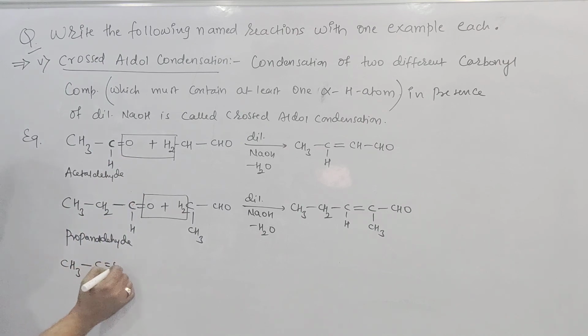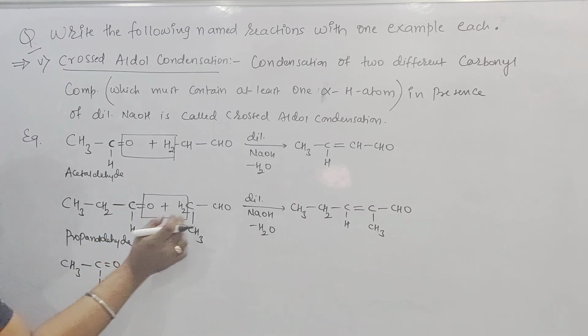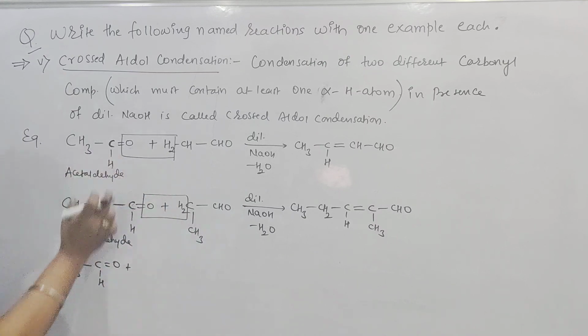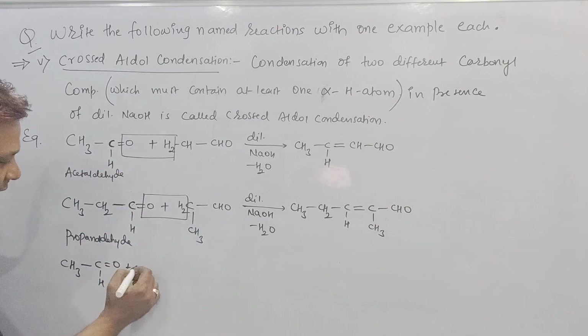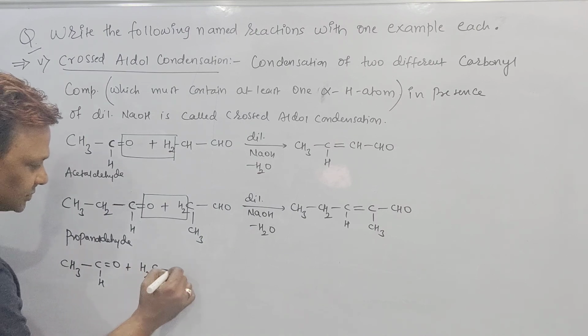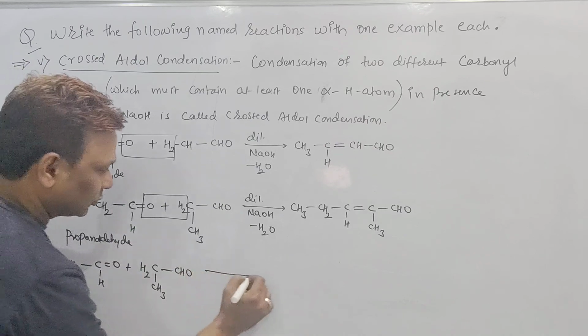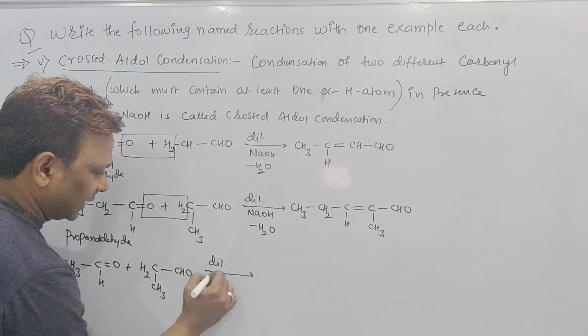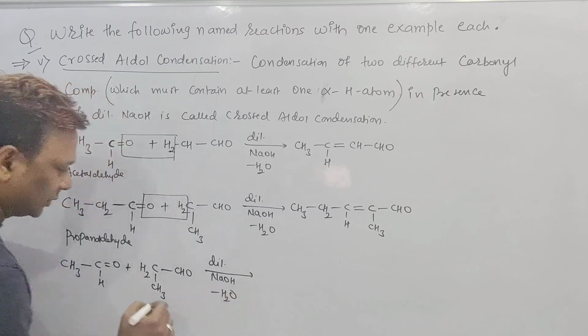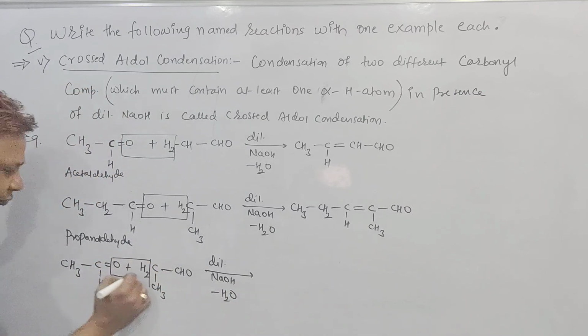CH3, C double bond OH plus. But this part I'm going to add. See, this one and this one. This one I wrote and this one I want to add. So H2C, then CH3, then CHO, in presence of dilute NaOH, obviously it will take out water molecule, H2 from here and O from here.